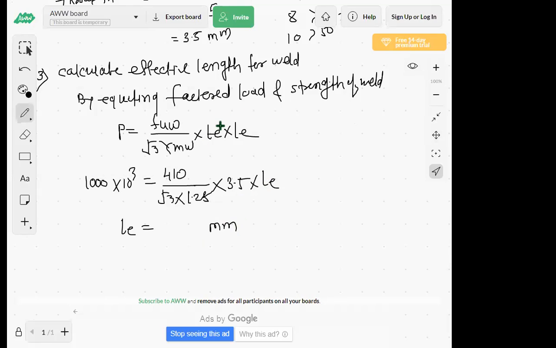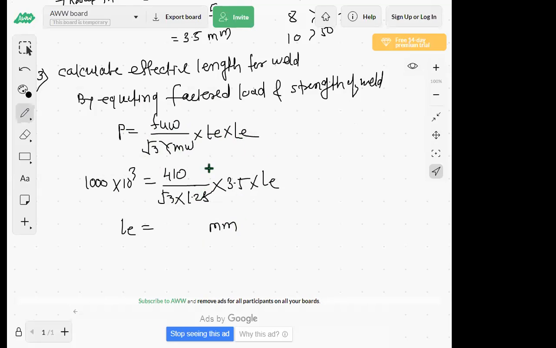This calculation we did earlier in the chapter on welded connection. When design of welded connection was there, at that time we did these calculations. Factored load and strength of weld we have equated.